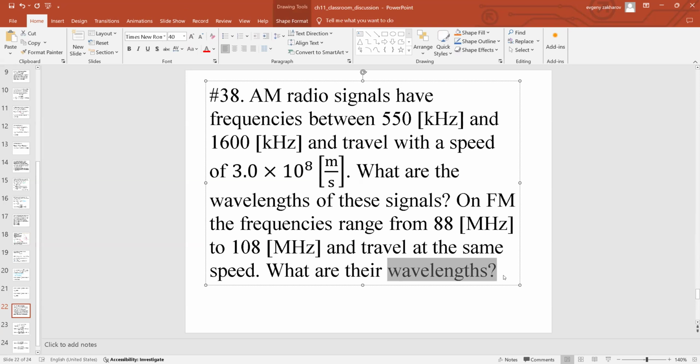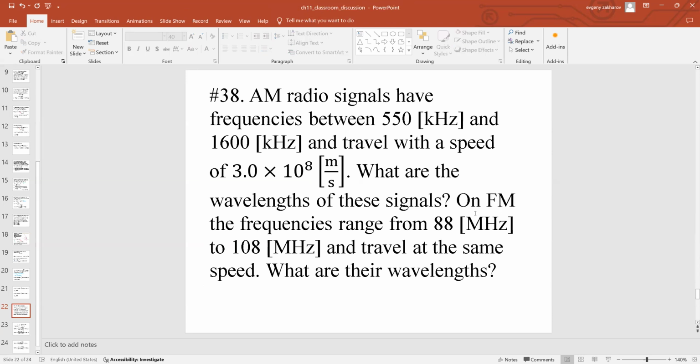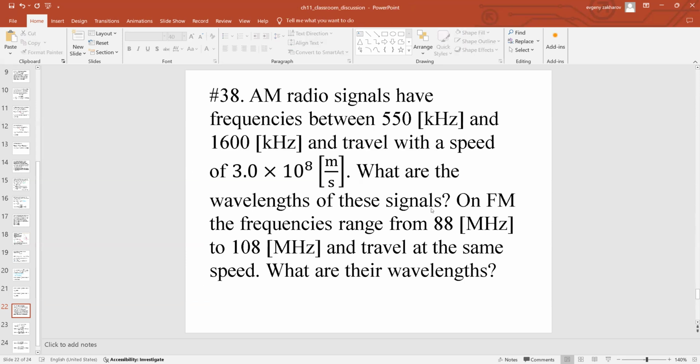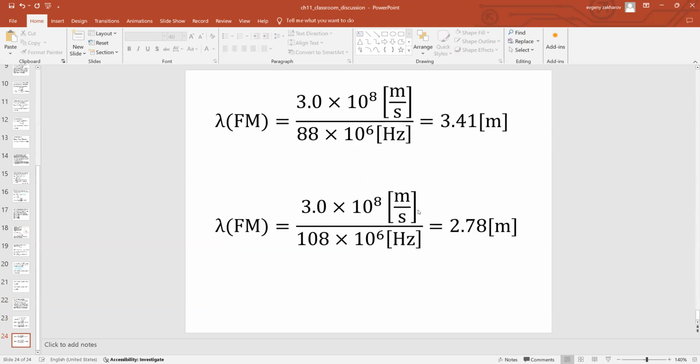By the way, AM stands for amplitude modulation and FM stands for frequency modulation. So it's the frequency that you play with, and this gives you the range of megahertz, versus the amplitude that is changing for kilohertz. Okay, enough of radios.